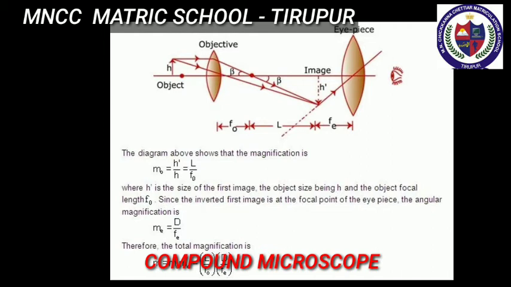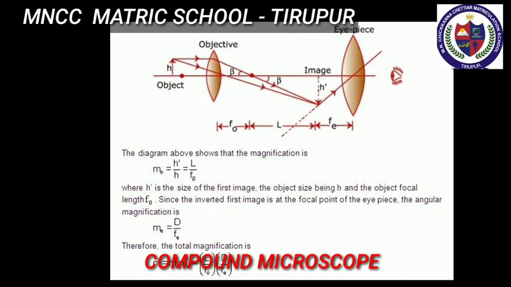Now we are going to see about the working of compound microscope. The object is placed at a distance slightly greater than the focal length of the objective lens. A real, inverted and magnified image is formed on the other side of the objective lens. This image behaves as the object for the eye lens.